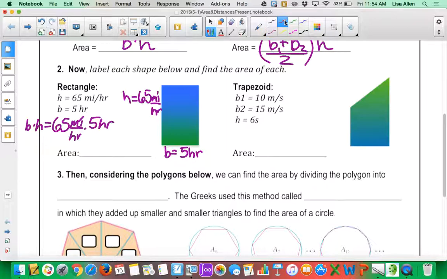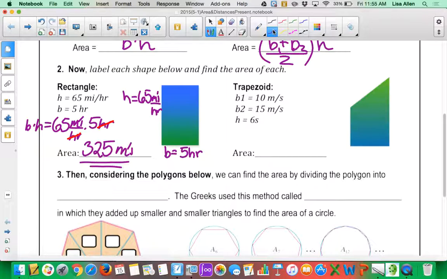Cancel the hours as units, and we're left with 65 times 5, which is, sorry, 325 miles. So interesting, when we get units of miles for area, we often think about area being in 2 dimensions, like miles squared, but in this case, we're using area to model our answer.